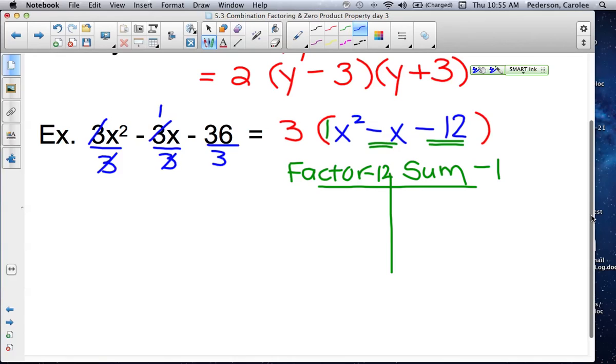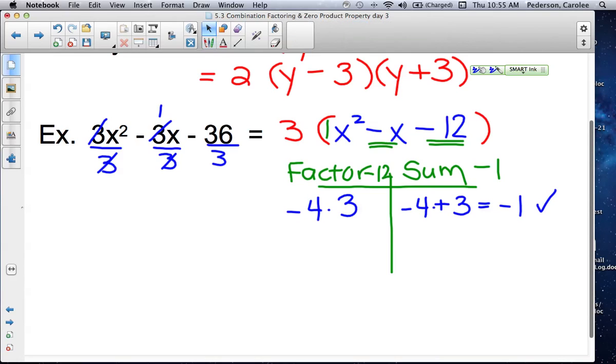All right, what you should have found is negative 4 times 3 is negative 12. When you add those two numbers together, you get negative 1. So the numbers we're going to work with is negative 4 and 3. All right, so now we're set to factor that parentheses.